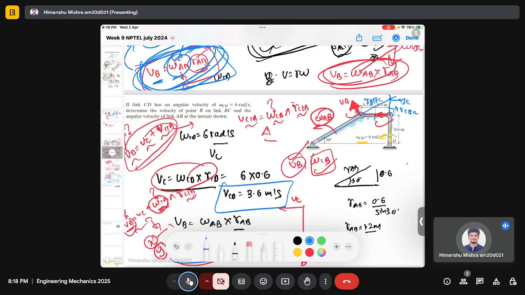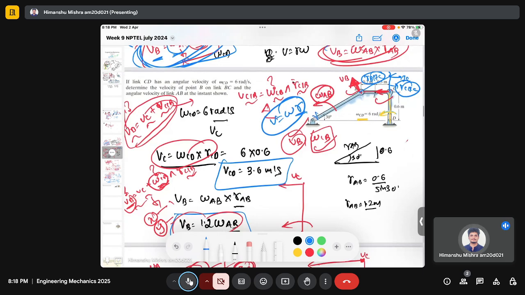Now you use the equation V equals omega R, but now R is the instantaneous position vector. It is not this length, it is not this length, but the instantaneous position vector.